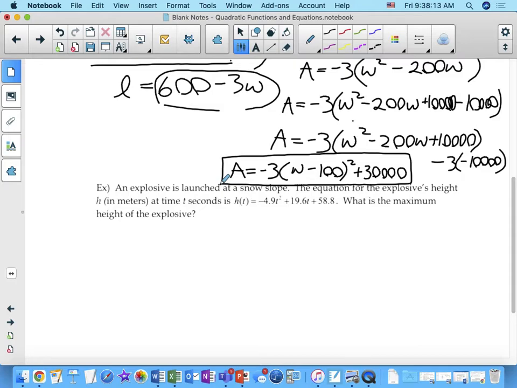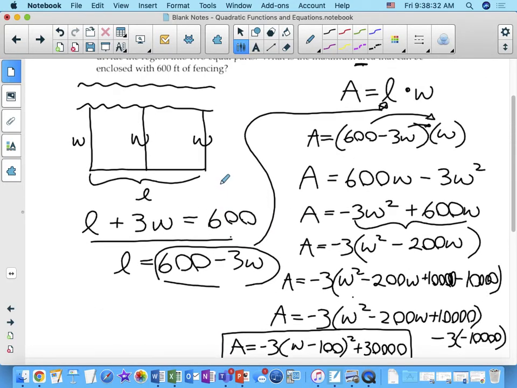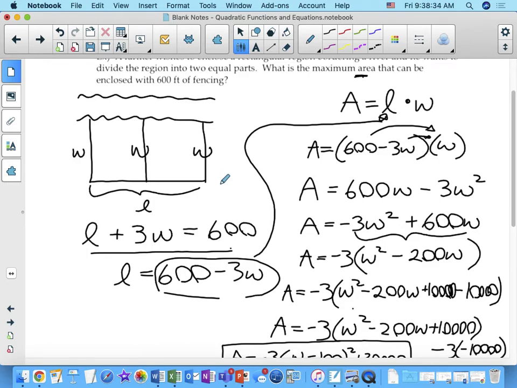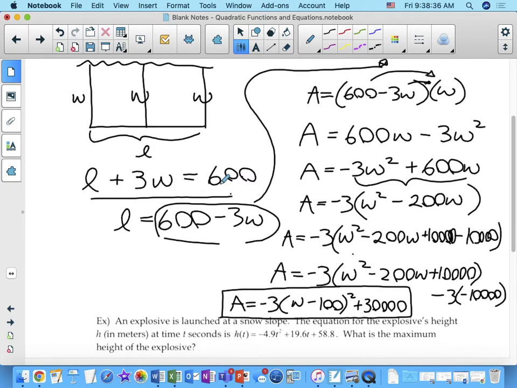Okay. This is not my final answer, though. We have to go back and look what the question was asking. Okay, what were we asked for here? We were asked for what is the maximum area that can be enclosed. So what's the maximum area?